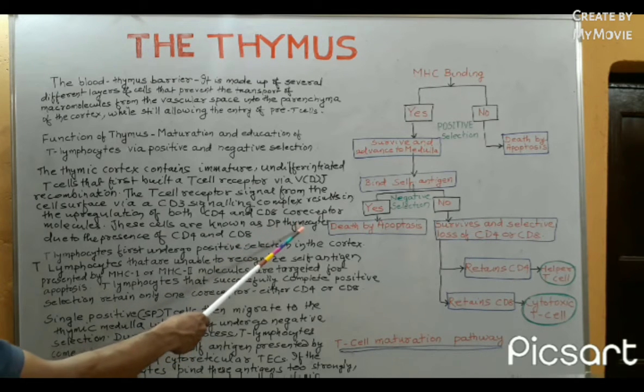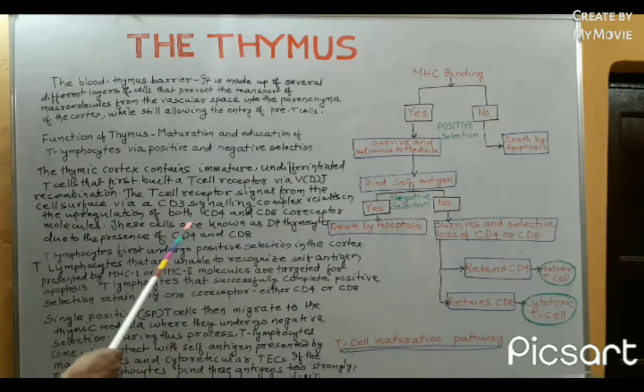These double positive thymocytes possess both CD4 and CD8 co-receptors. These T lymphocytes undergo two types of selection in the thymus. They undergo positive selection in the cortex and then migrate to the medulla, where they undergo negative selection. So let us know about positive selection.